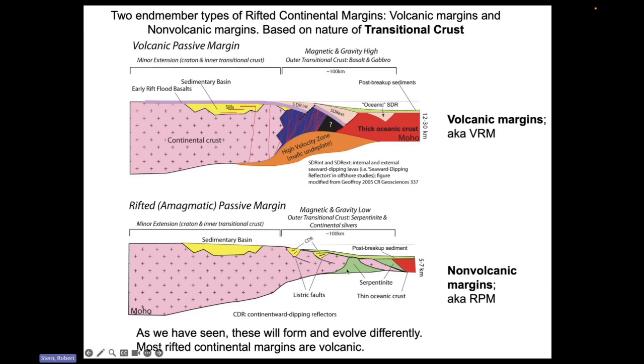And we have a serpentinite body beneath the margin there. Also beneath a volcanic rifted margin, we have a high velocity zone, right, where we have gabbroic material, which has a high seismic velocity. And we'll talk more about these things. Any questions about these two end member transitional crust types, VRMs versus non-volcanic margins?